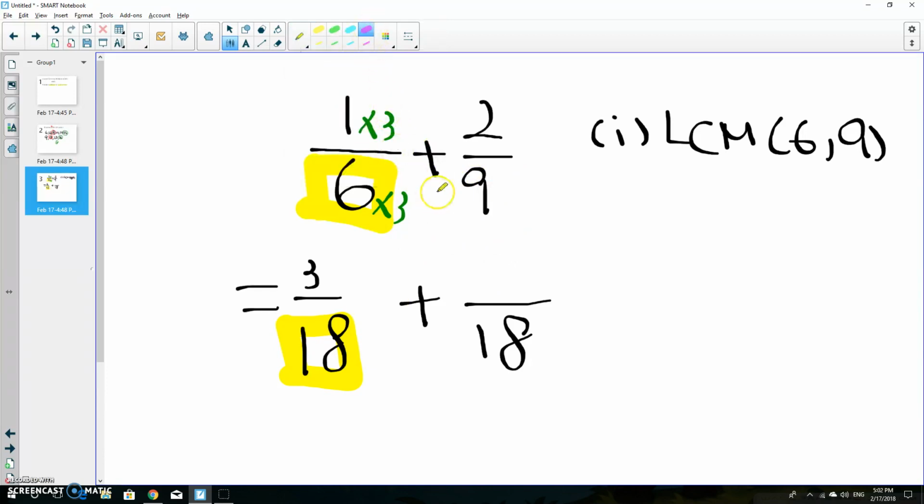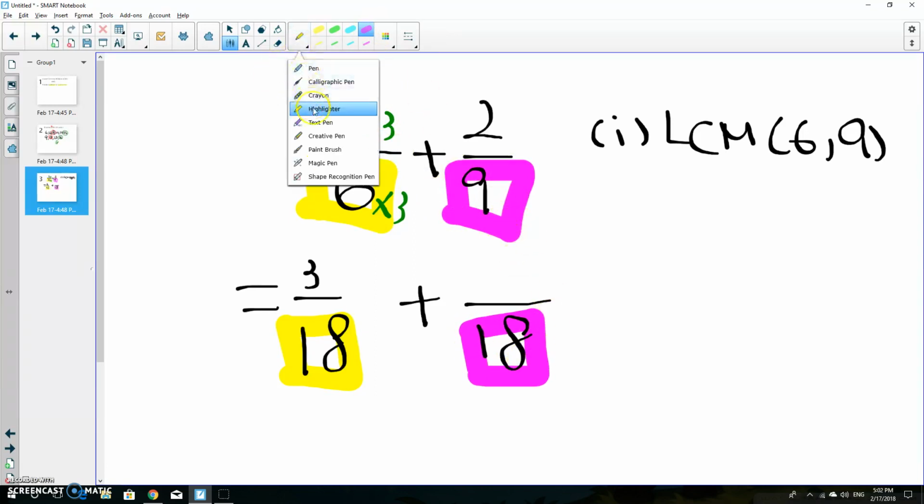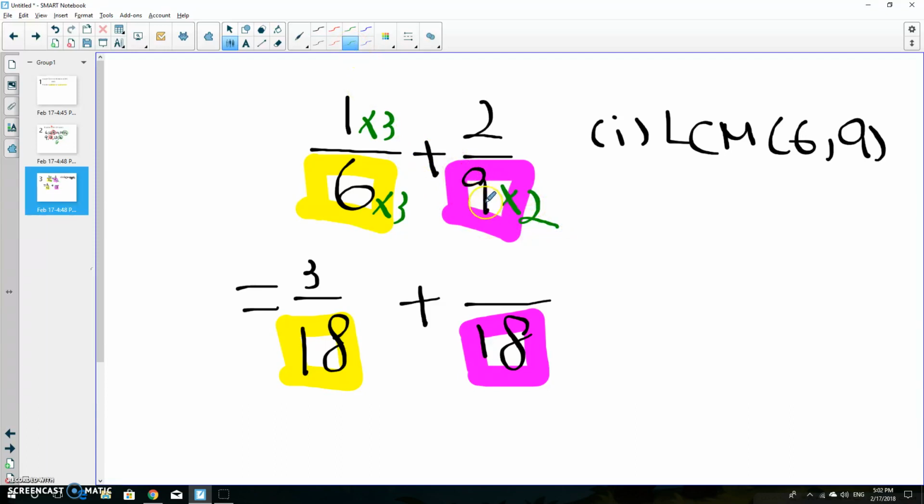I'm going to use purple for this. 9 to 18, I'm going to multiply by 2. So 9 times 2 is 18, and therefore I have to multiply 2 up top. 2 times 2 is going to be 4. Now you can add or subtract your fractions. Not until they are exactly the same can you do that.